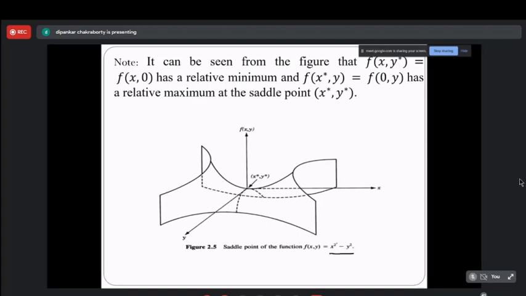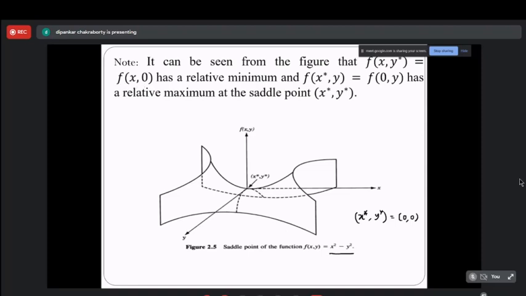Now, the interesting fact that can be seen in this figure is what f of x, y star is. The optimal point x star, y star is 0, 0, right? So y star is 0.